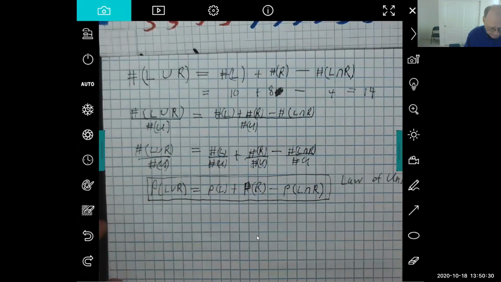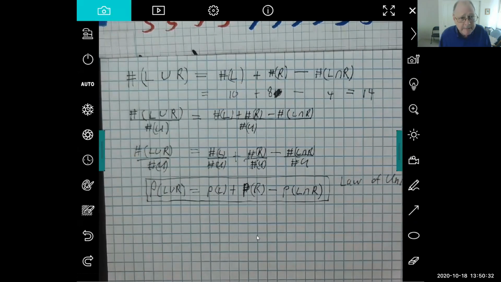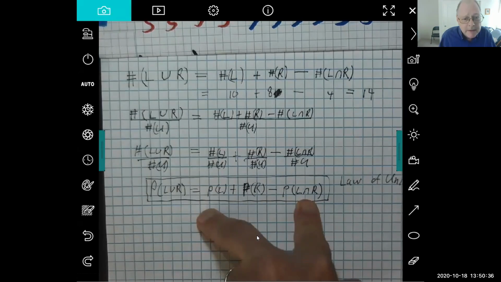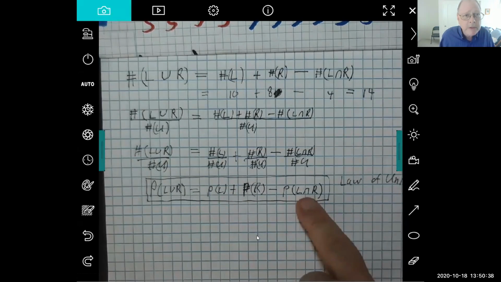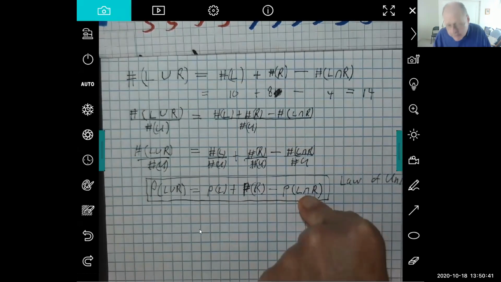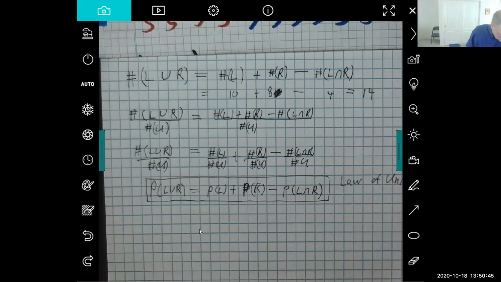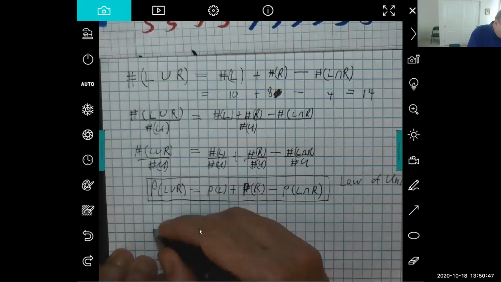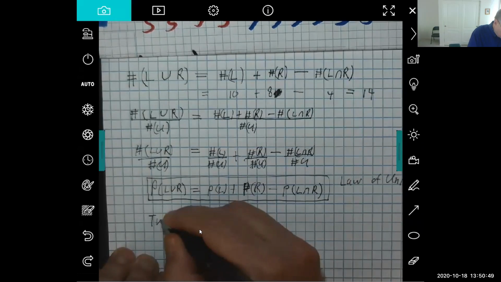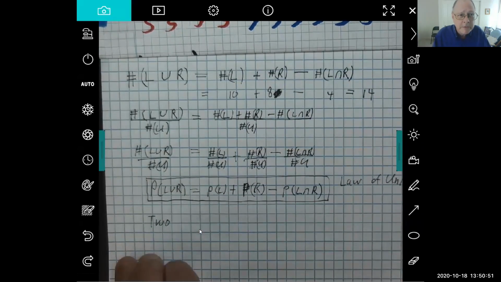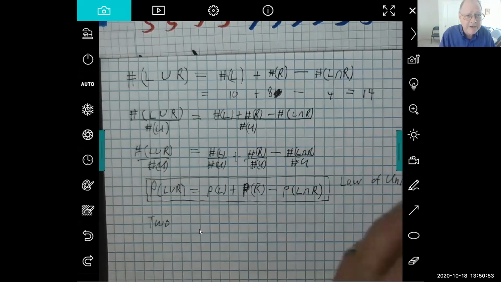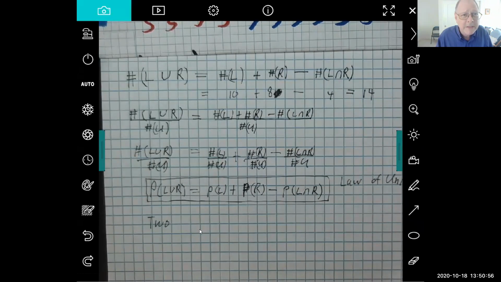Now, sometimes 2 events may be what you call mutually exclusive. Mutually means to each other. Exclusive, they exclude each other.